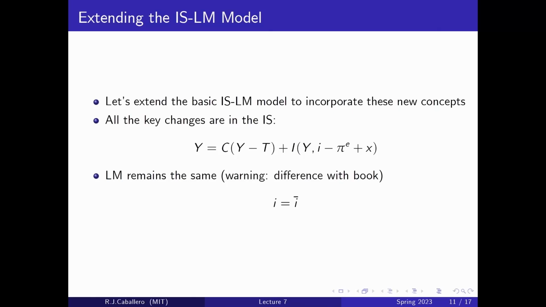So whatever comparative statics you had with respect to the nominal interest rate before, they apply to X minus pi e. What I'm trying to say is, if you know the change in equilibrium output as a result of an increase of 100 basis points in the nominal interest rate, then you know the response of equilibrium output to an increase in credit spreads of 100 basis points, or to a reduction in expected inflation of 100 basis points.